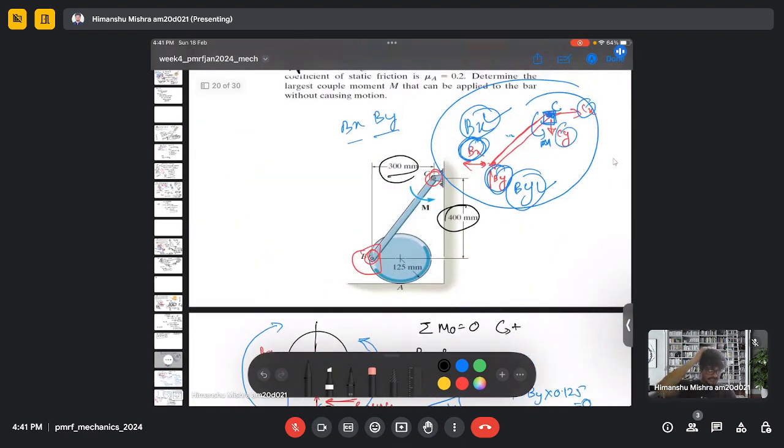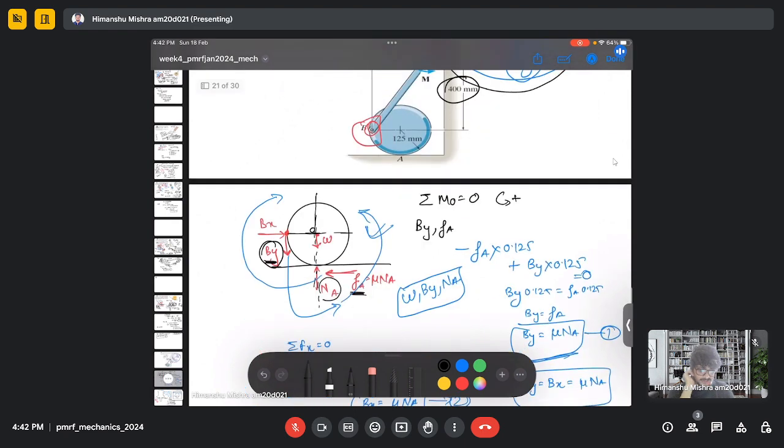So just to recap, we need to find the external moment in the rod. So first we consider the rod and we identify, if we take the moment just to calculate the external moment, what forces it will require. So we found that we need to gather the data about Bx and By. So we get Bx and By when we do the force balance or the moment summation in the disk.